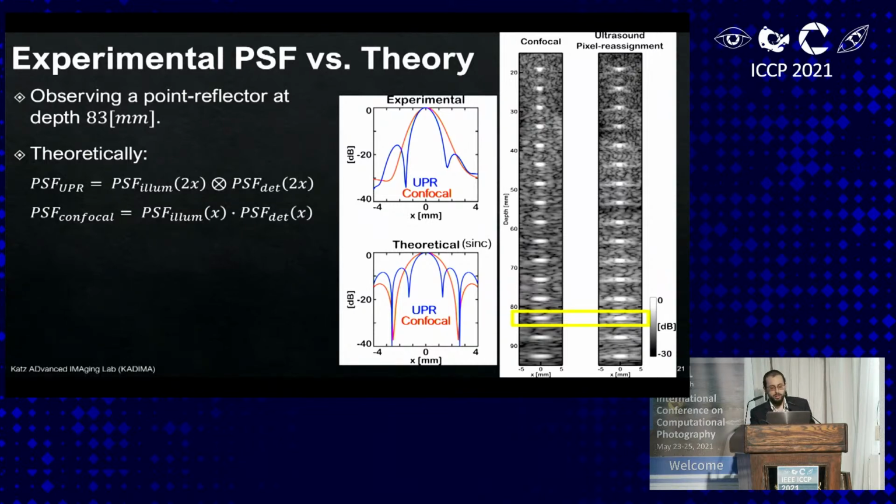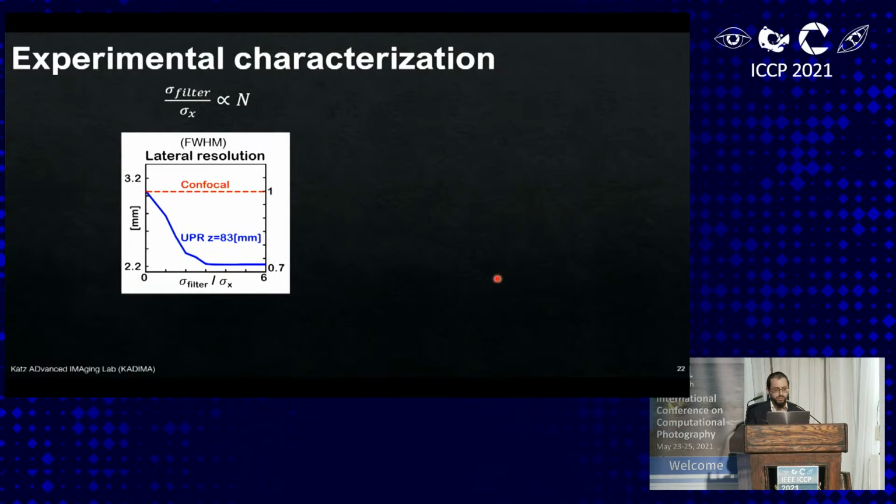Now, we mentioned that only n elements are summed over the anti-diagonal, and that's because elements that are far from the diagonal have less signal, and therefore will contribute less to the pixel reassignment process. So we wanted to see how filter size changed the improvements.